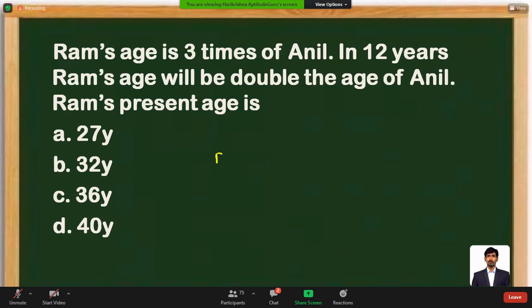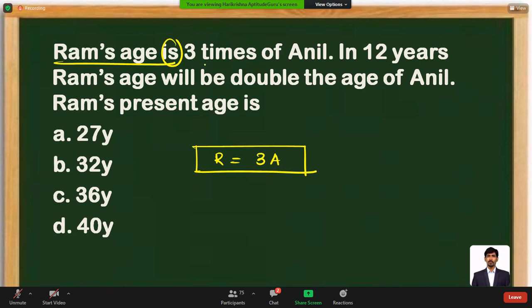So what we have done: Ram's age is 3 times of Anil's age, equation number 1. Frame the equation. Ram's age, that means R, is indicates equality, 3 indicates 3, times or of or product indicates multiplication, 3 times Anil. In 12 years, if the present ages of Ram and Anil are R comma A, then in 12 years Ram will be R plus 12, Anil will be A plus 12.